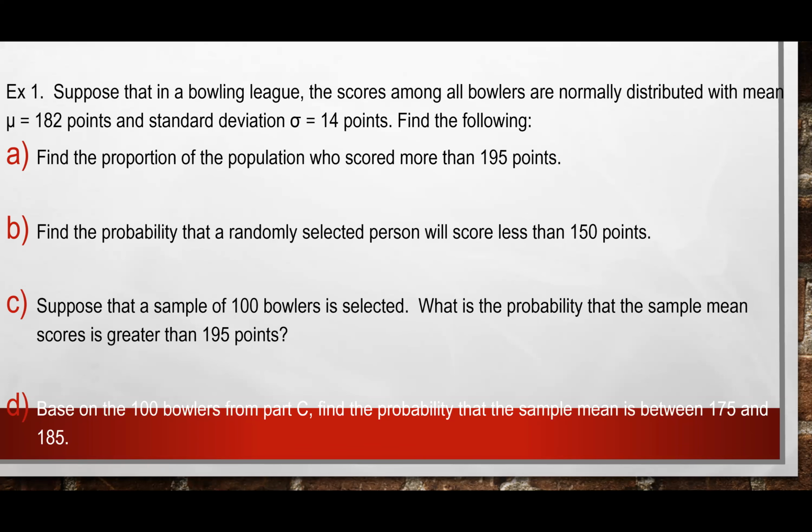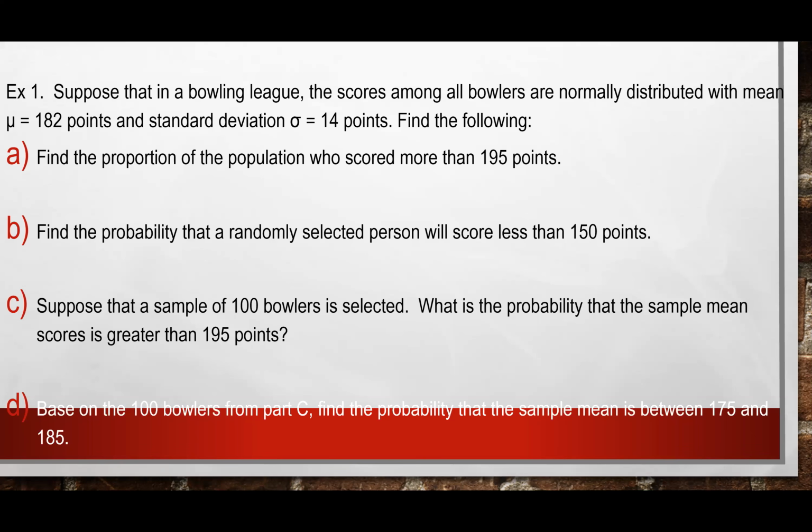So let's take a look at this item. They give you: suppose that in a bowling league, the scores among all bowlers are normally distributed with the mean mu equal to 182 and the standard deviation of 14 points. Find the following. Find the proportion of the population who score more than 195.